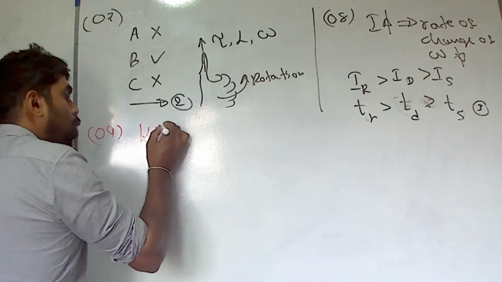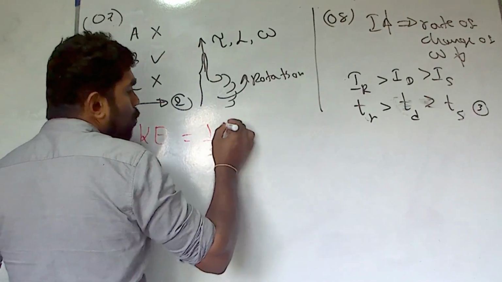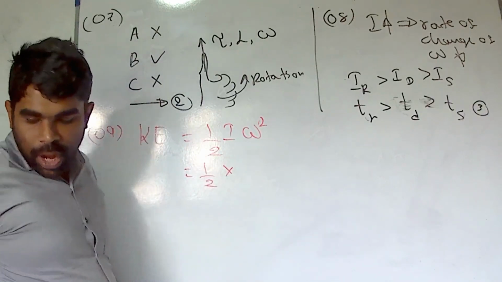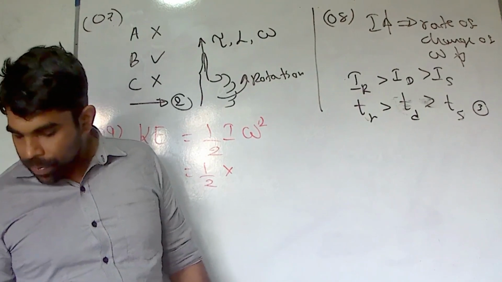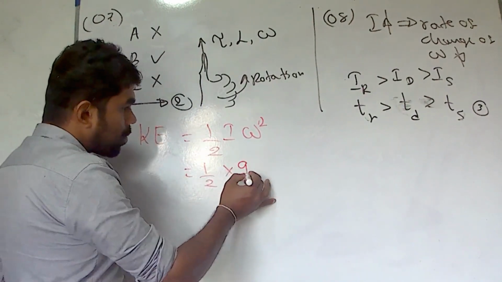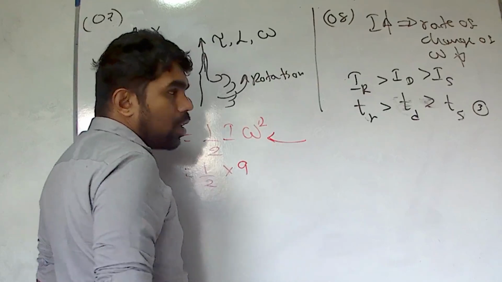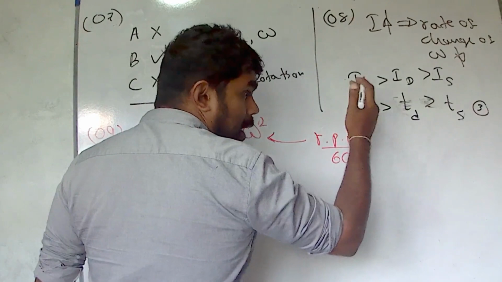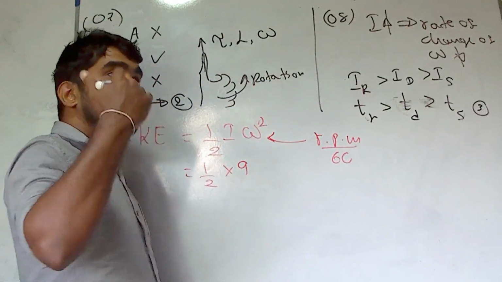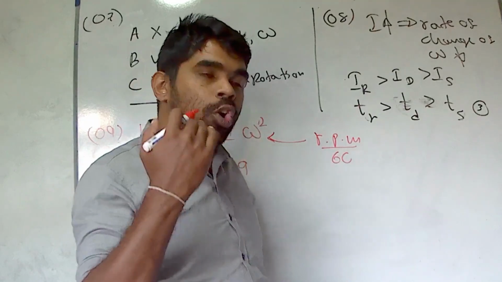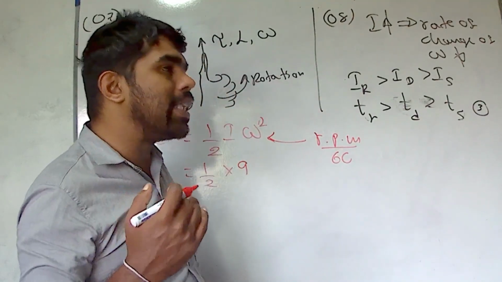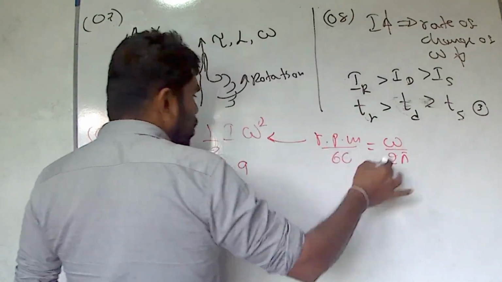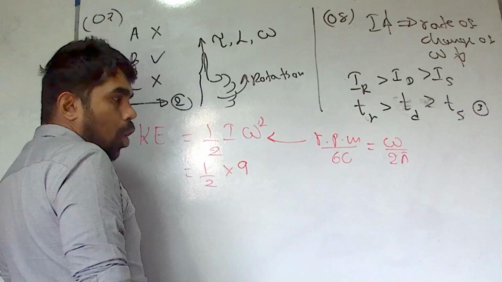We know that rotational kinetic energy is half I omega squared. Half the moment of inertia of the flywheel, given as 9, times omega squared. We know that RPM divided by 60 equals RPS. RPS equals frequency. Frequency equals 1 over period. Period is 2 pi over omega. Then 1 over period is omega over 2 pi. We can use this relationship to find the omega value.